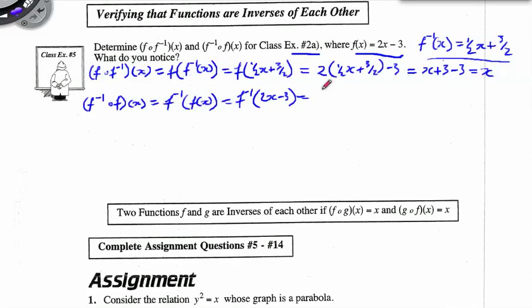So the inverse function is a half of, our x value now is 2x minus 3 going in here. And that's the x, but don't forget the 3 over 2. So plus 3 over 2. We're going to simplify this. That becomes x and negative 3 over 2. And this is still here, positive 3 over 2. That also equals x. So they both equal x.